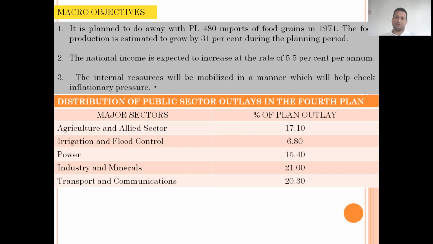The agriculture sector was given more emphasis because the majority of the Indian population was directly engaged in this sector, but it was neglected during the second five-year plan. During the fourth five-year plan, the Indian government realized that without giving priority to the agricultural sector, they cannot achieve inclusiveness in the economy.